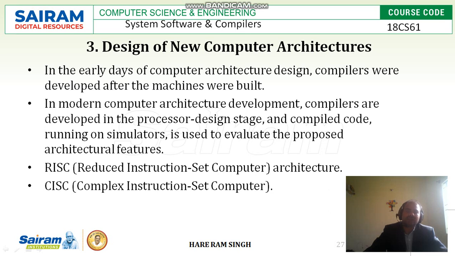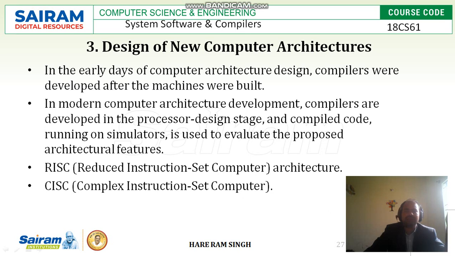But in modern computer architecture development, compilers are developed in the processor design stage itself. Based on whether it is a 32-bit processor or 64-bit processor, the compiler is also designed for 32-bit or 64-bit.